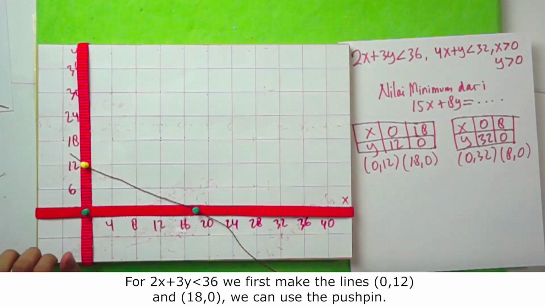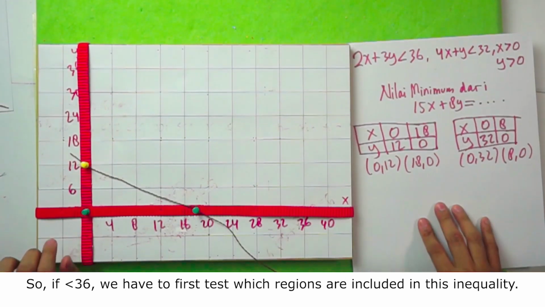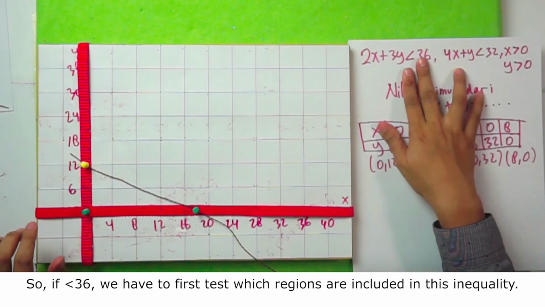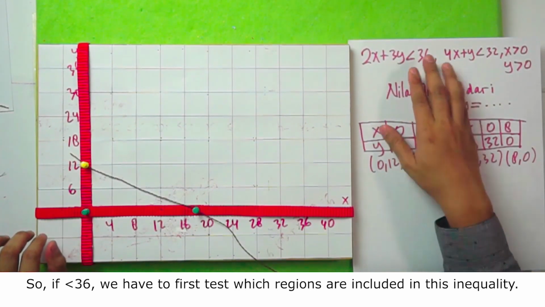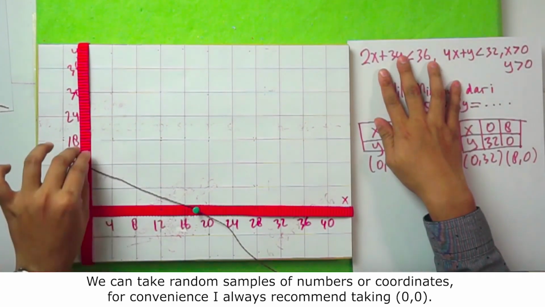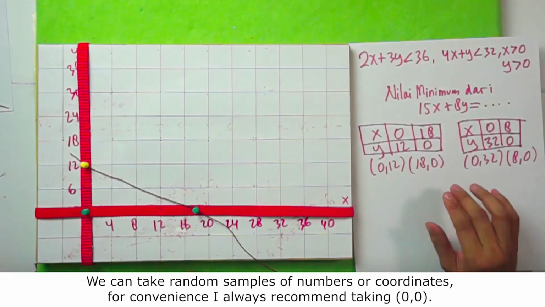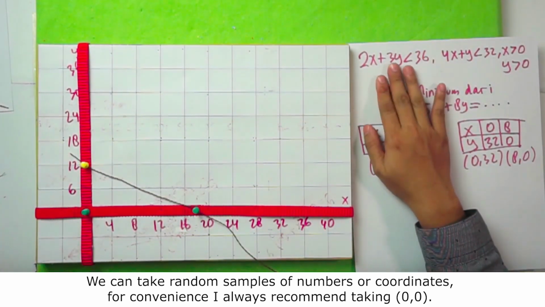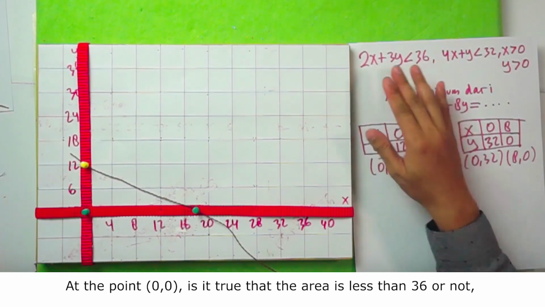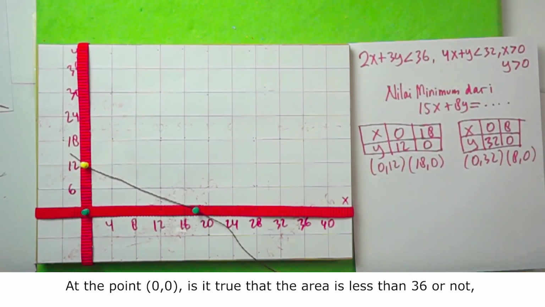So, if less than 36, we have to first test which regions are included in this inequality. We can take a random sample of numbers or coordinates. For convenience, I always recommend taking 0, 0. At the point 0, 0, is it true that the expression is less than 36 or not?